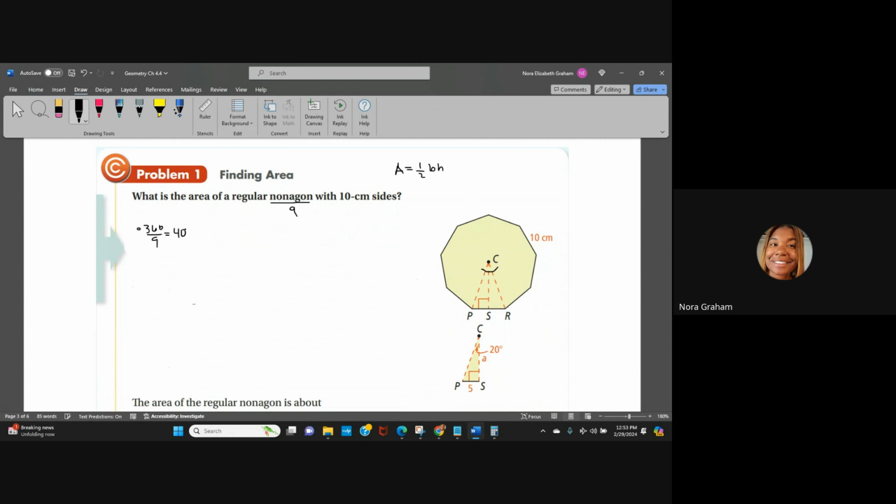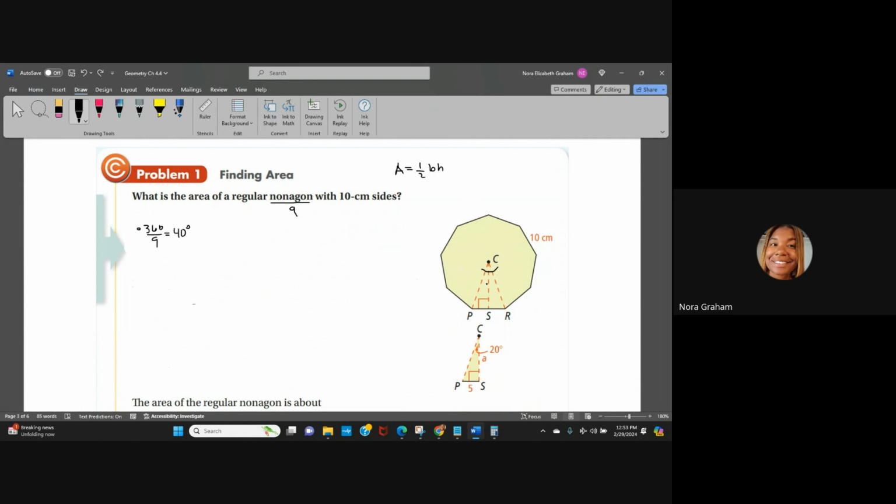Don't get tripped up, because once we find that angle, that doesn't mean we found the angle for this triangle right here. No, we found the angle for this whole triangle, all of PCR. I don't want all of PCR.